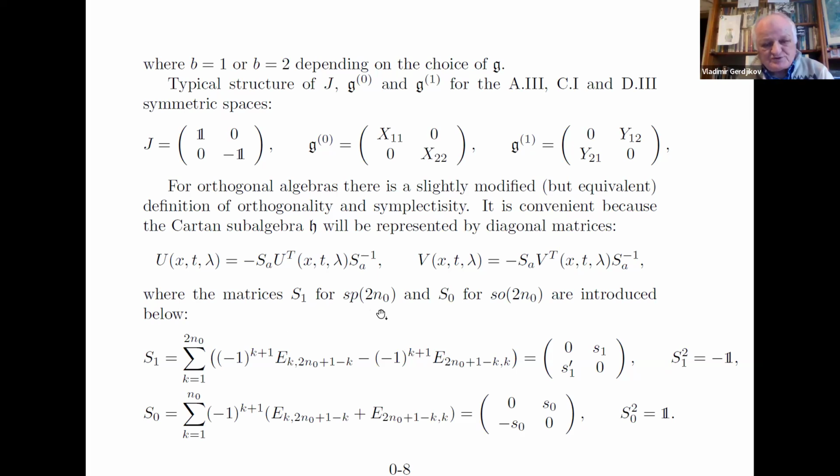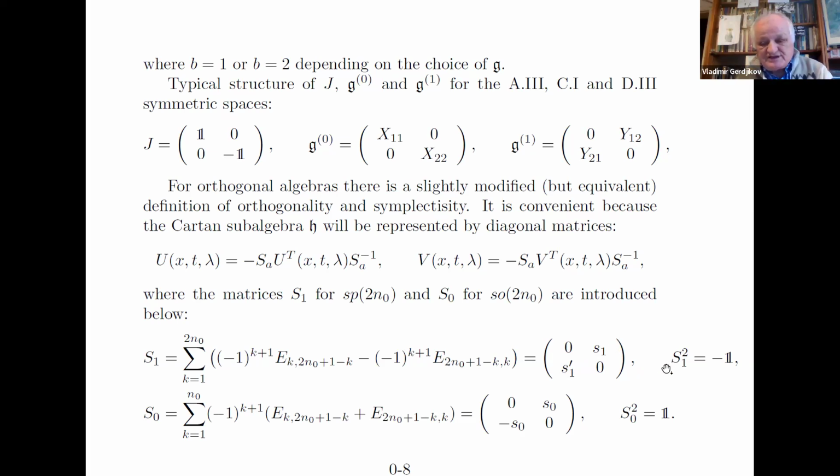Capital S1 is for the symplectic Lie algebras, and capital S1 is given by this element. E with some indices, JK, means that this is a matrix that has only one non-vanishing element at position J and K. Okay, so in this case, this is a skew diagonal matrix, S1, and S1 prime.